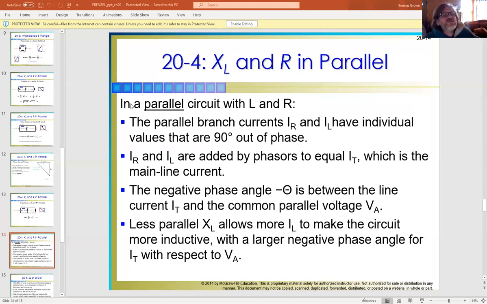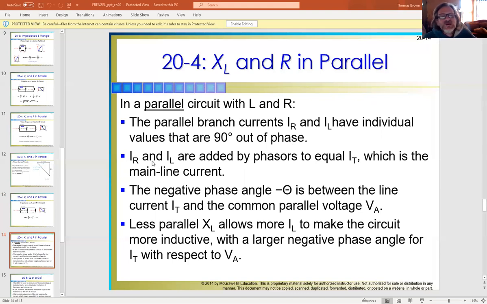So something to look at when we're looking at parallel circuits with an inductor and resistor. The parallel branch circuits have individual values that are 90 degrees out of phase. And because they're parallel, that's an interesting thing that we get versus the series.